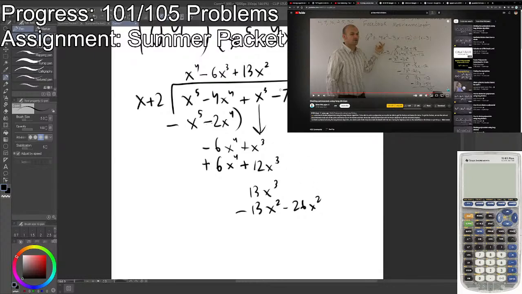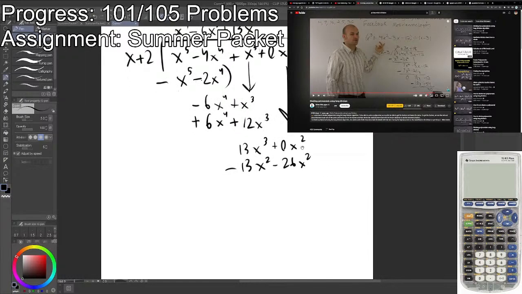Oh wait, you've got a 0x squared or something? You have to put in a placeholder. I think that's how you do it. Man, this is annoying. Okay, should be right. So negative 26x squared.